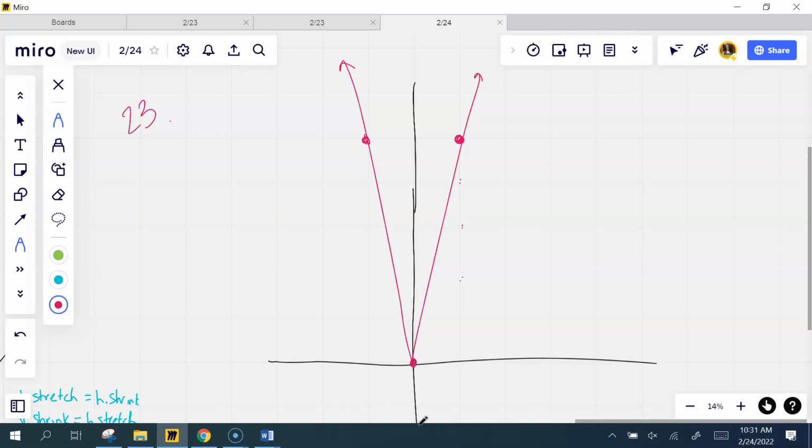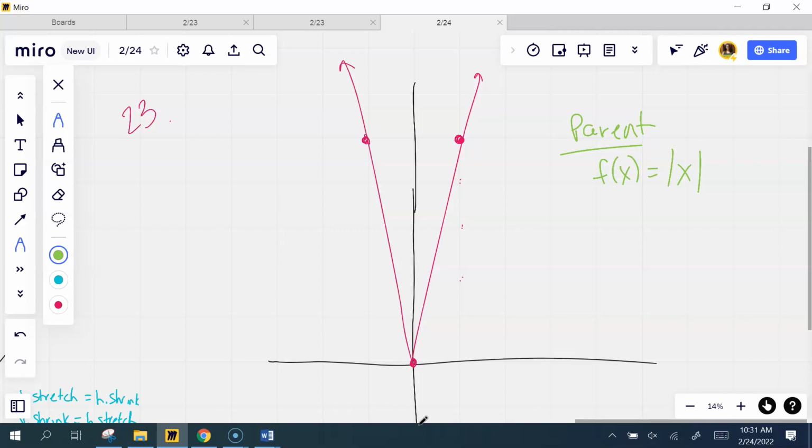All right, parent function. What's the parent here? You all know this. Yes, the absolute value. Now it asks me for the transformations done. What does this look like to you has happened?